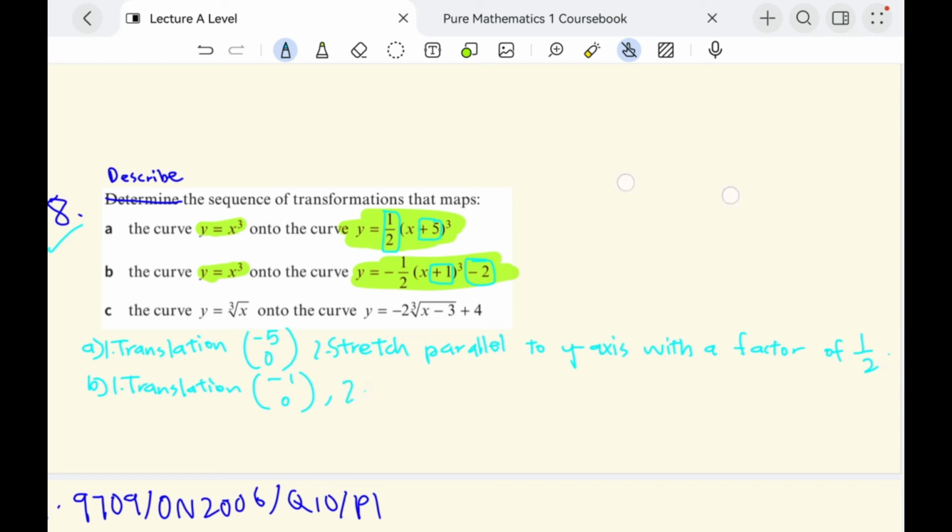Next, you have reflection. Maybe I don't do reflection first, because you have the negative. All right.